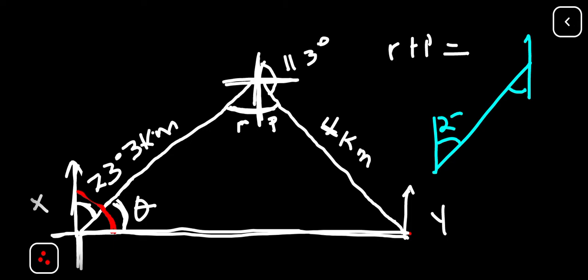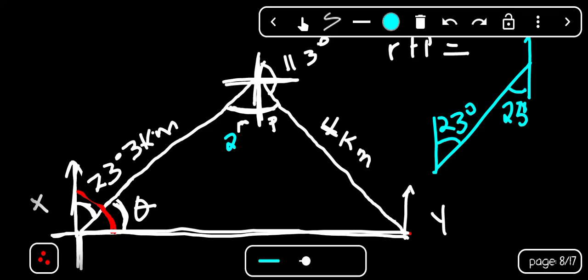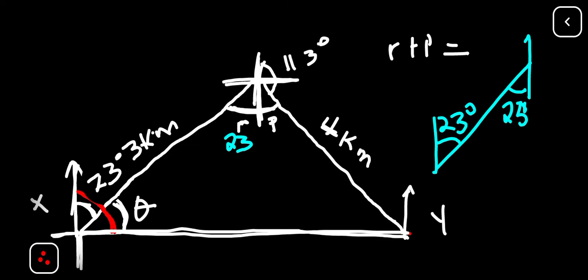So this is 23 degrees, and based on your knowledge of angles, 23 degrees is alternate to this, which is R. So we can say R is 23 degrees here. I'm having a problem with my pen. But what about P?